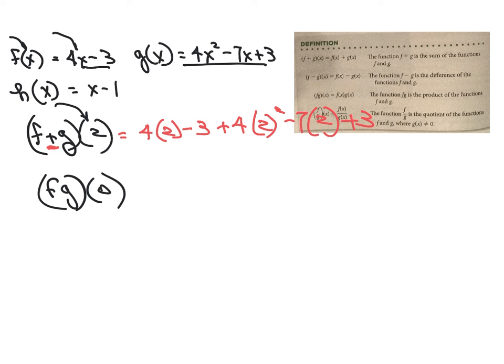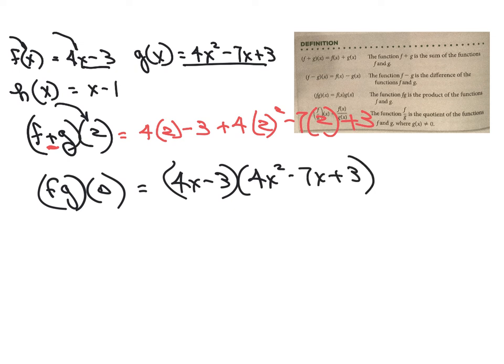So we're going to multiply them. So let's take 4x minus 3. I always like to write things out a little bit more. Some students don't, but it just makes it a little more difficult to get the right answer. So it's saying wherever I see an x, put a 0.